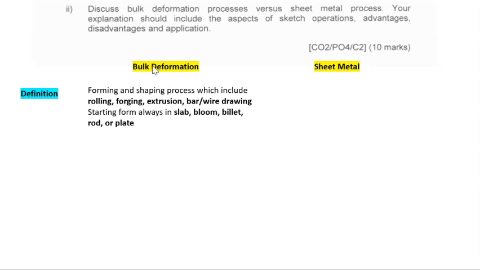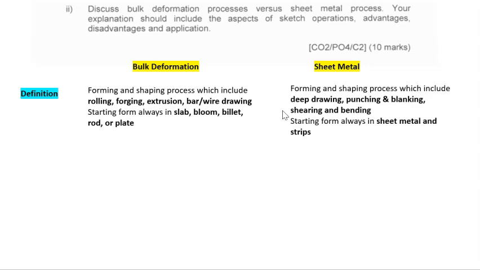For bulk, it will be slab, bloom, billet, rod, or plate. Give at least two types of process and two types of starting form. For sheet metal, give two processes such as deep drawing, punching, or blanking. And the starting form is always sheet metal and strips.